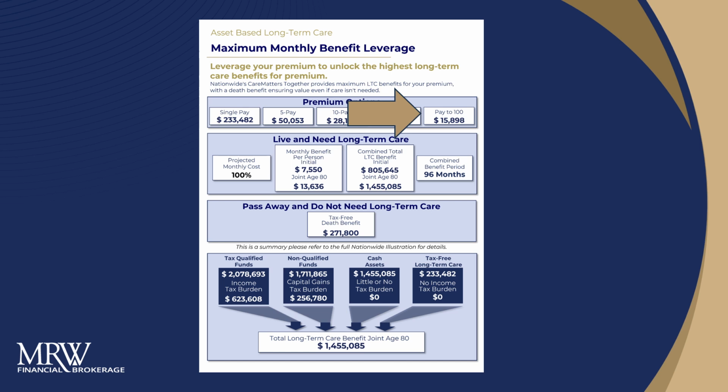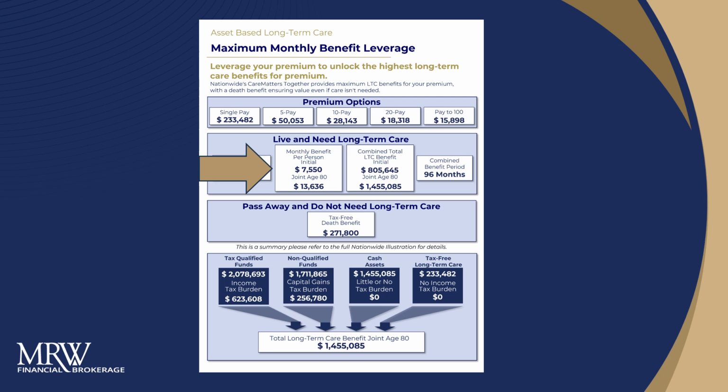So if you're on claim when premiums are due, those premiums are waived. Now, what we matched here is 100% of that projected cost. With Nationwide, their inflation protection really makes sense. So in that case, we're starting off with a monthly benefit of $7,550 that's going to grow to that same $13,636 at our joint age of 80 when we most likely need the care.